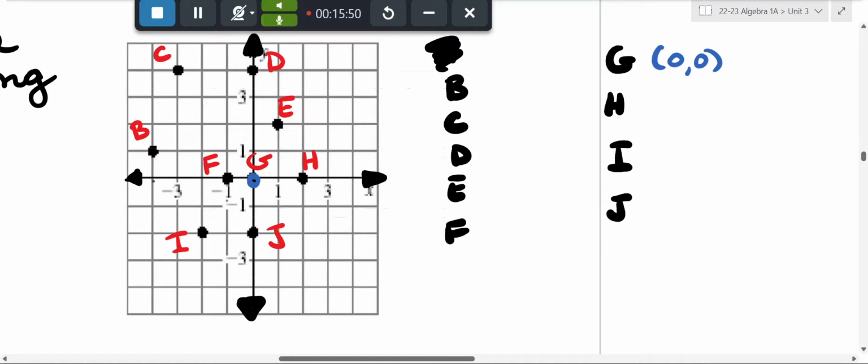All right, let's go. B is -4, 1. C is -3, 4. D is 0, 4. E is 1, 2.